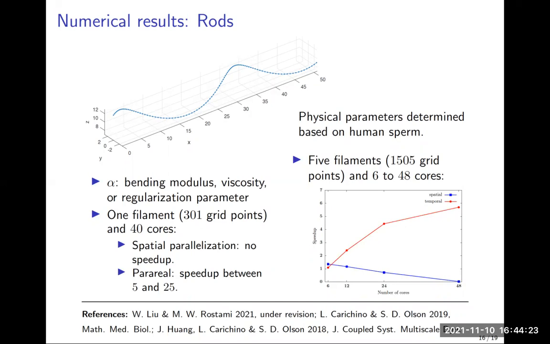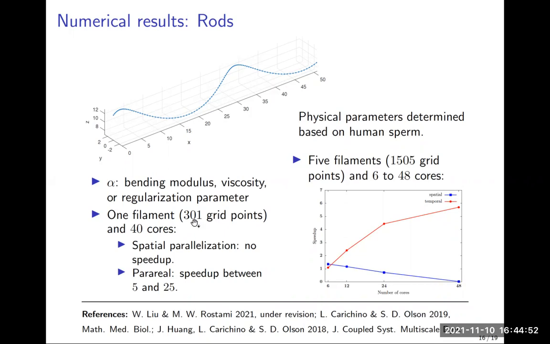However, if you use Parareal and using the core solvers that I've just shown you, you can get a speed up between 5 and 25, depending on how accurate you want Parareal to be and a number of other factors, depending on the setup of the problem. And we also consider 5 filaments. So the goal here is to increase the spatial scale.